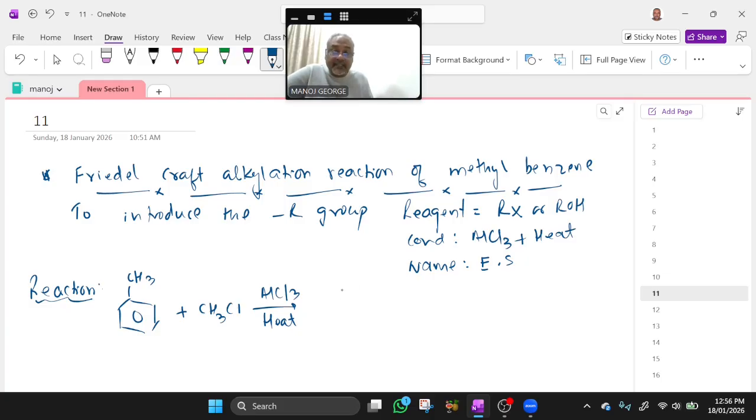Once again, the same drama: I'm going to get two isomers because the electron density is increasing at position 2 and position 4, which means I will get a CH3 at that position, or I will get another CH3 at position number 4, plus of course HCl.